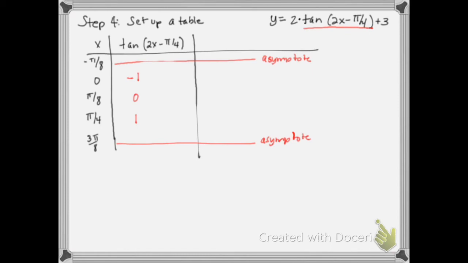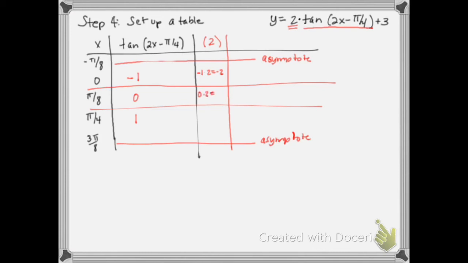Then, looking at the function, I have to take my values for the tan and multiply by 2. So in the next column I multiply each of those values by 2. Negative 1 times 2 gives me negative 2. 0 times 2 gives me 0, and 1 times 2 gives me 2. That takes care of multiplying the tangent function by 2.